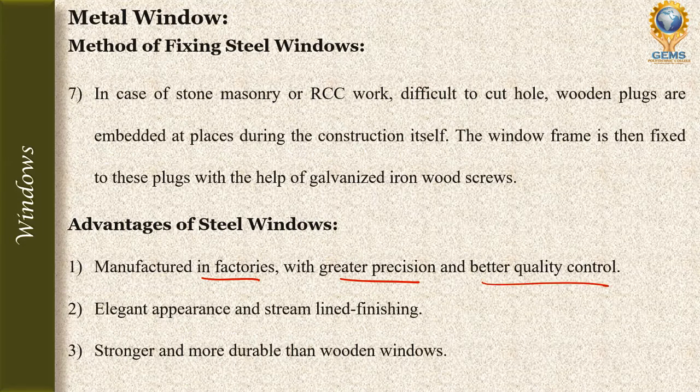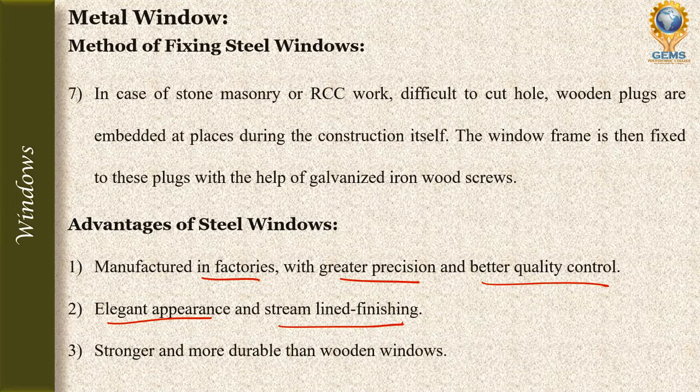The steel we use will be of good quality. Second, they have an elegant appearance and streamlined finishing. Once the metal windows are manufactured in the factory, you get a beautiful appearance with straight edge finishes.